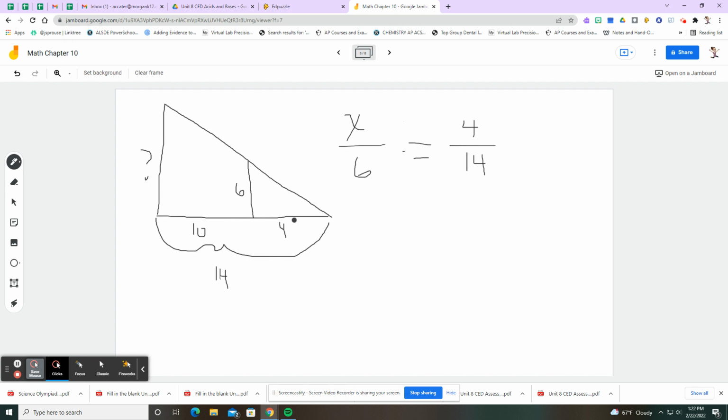So the length for the small triangle over the length for the entire bigger triangle is 14. Then I'm going to cross multiply and divide again. And that's going to give me x equals 21. So the lamppost is 21 feet high.